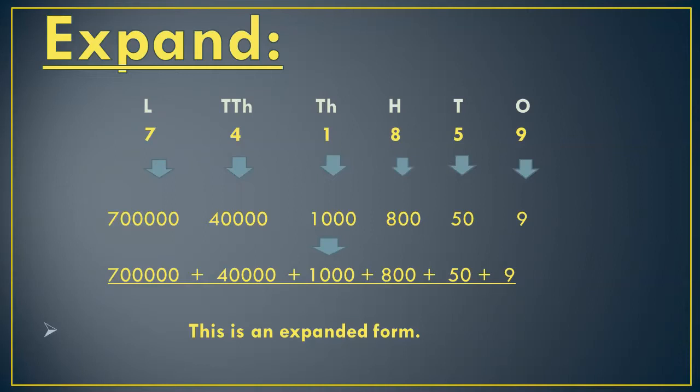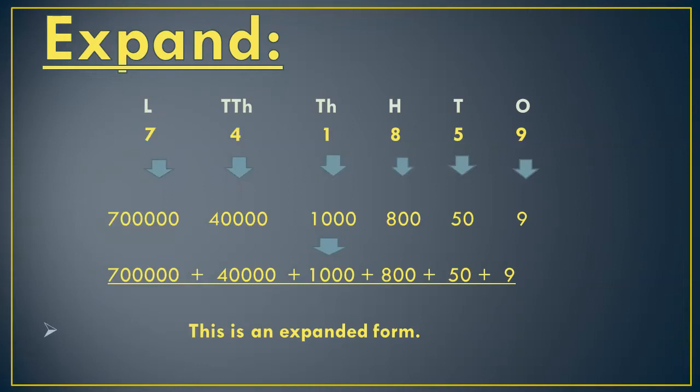So now these are the place values of the different digits. There are 6 digits with 6 different place values. Now I need to add them. So I add these values. And this is the expanded form of this number.